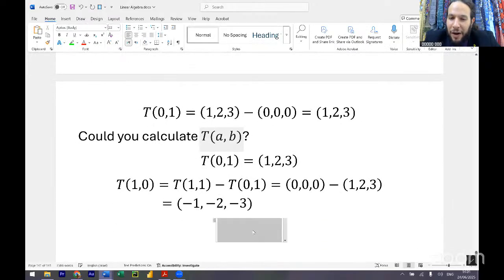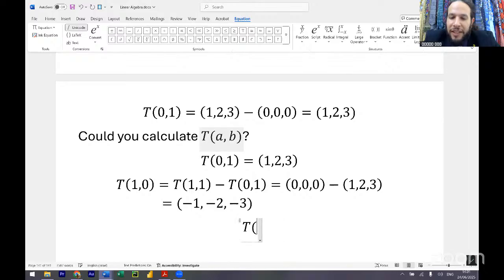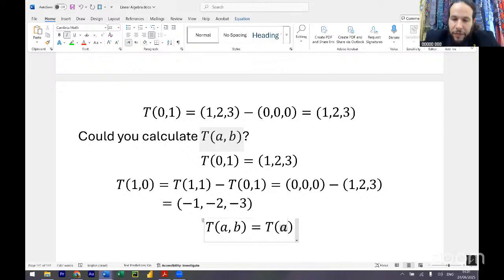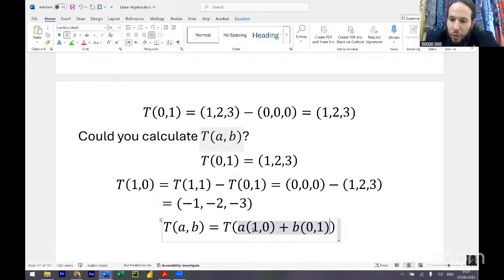So now, how can we get T of (a, b) out of the whole thing? We write (a, b) as a times (1, 0) plus b times (0, 1).